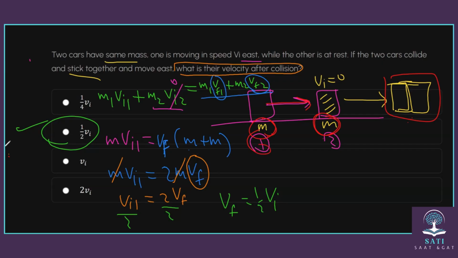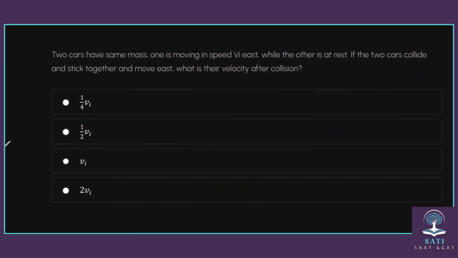One has velocity v and the other has velocity 0, so the average, half of this velocity, will be the new velocity of the combined object after the collision. So it is going to be half of vi. Either you do it this way or that way, both give the same answer.